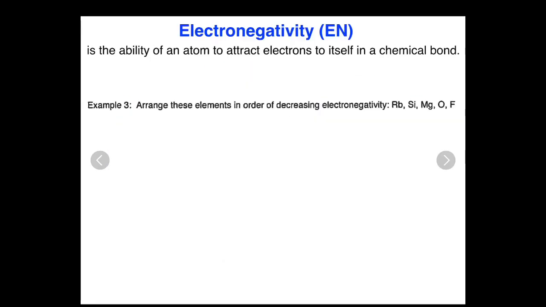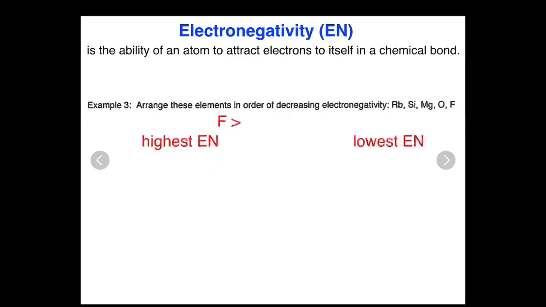Now let's take a look at ranking here. We are going to rank these in terms of decreasing electronegativity, which means that you are going from the highest to the lowest, the element that has the lowest En value. So what we are going to take a look at is fluorine, right?